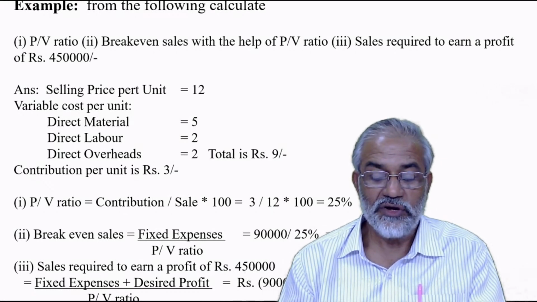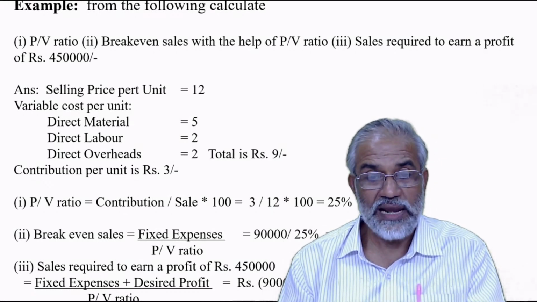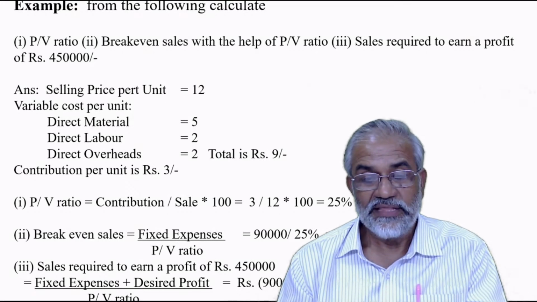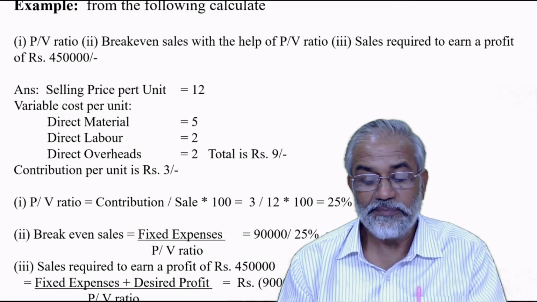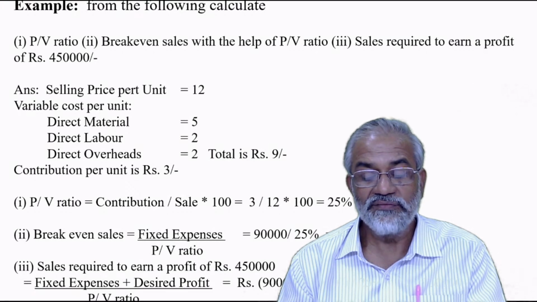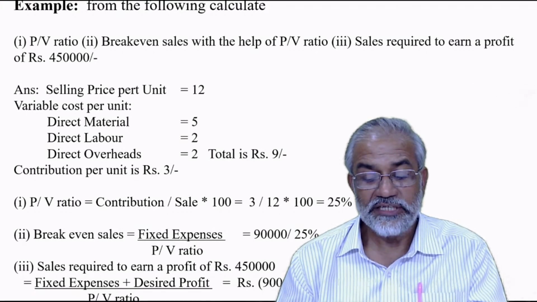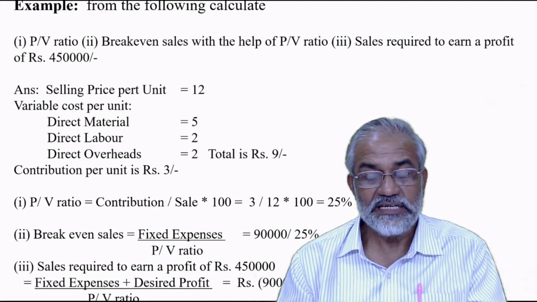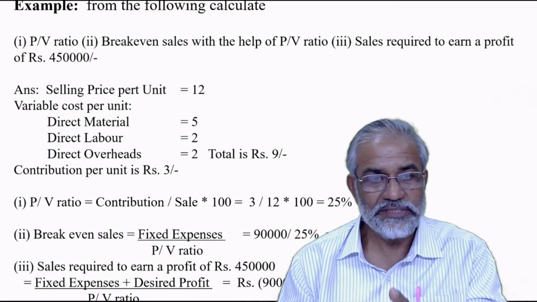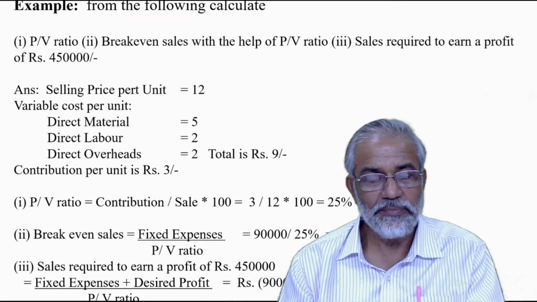And if we determine this 21,60,000, that would be the exact selling price of 1,80,000 units at rupees 12. Rupees 12 is the selling price as given in the example.